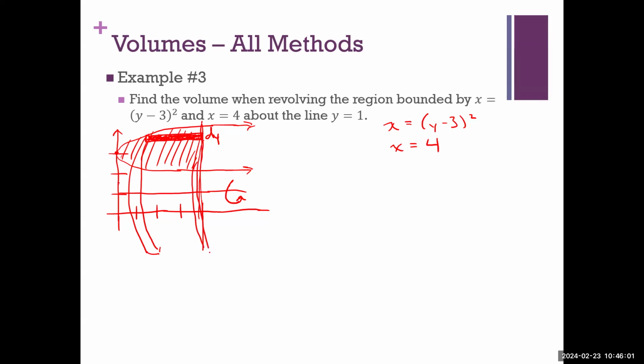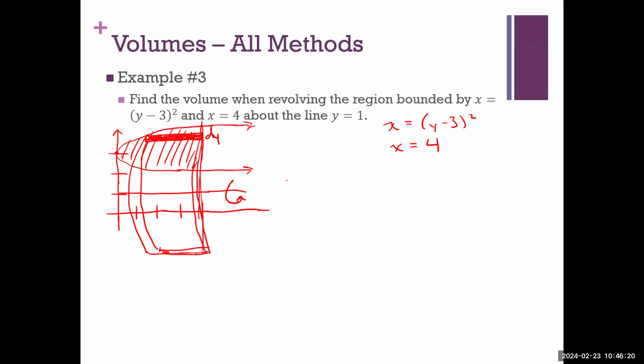Did I hear someone say y or dy? Should be dy, right? So that dy tells me it's a thin cylindrical shell, which is basically what the shell method is based on, those thin shells with dy or dx thickness.